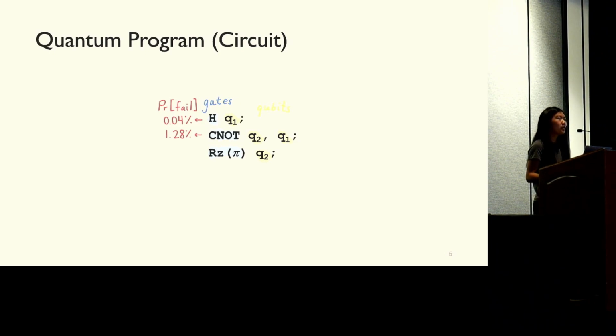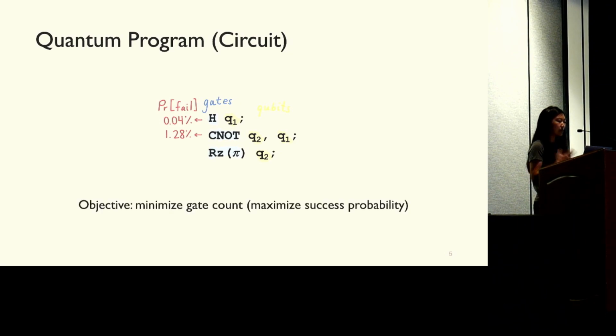So an objective for a compiler might be to minimize the gate count to maximize the success probability. And so far, compilers use manually derived optimizations to accomplish this.